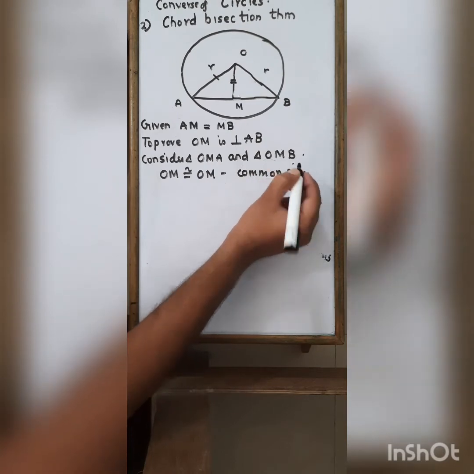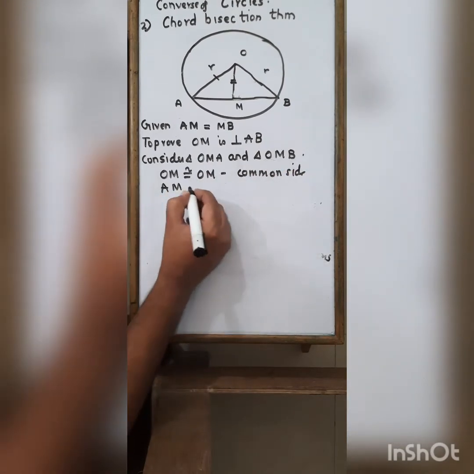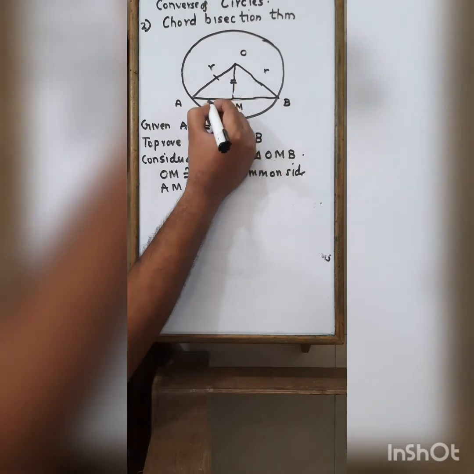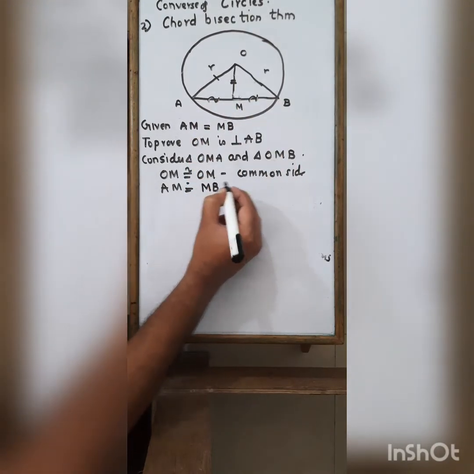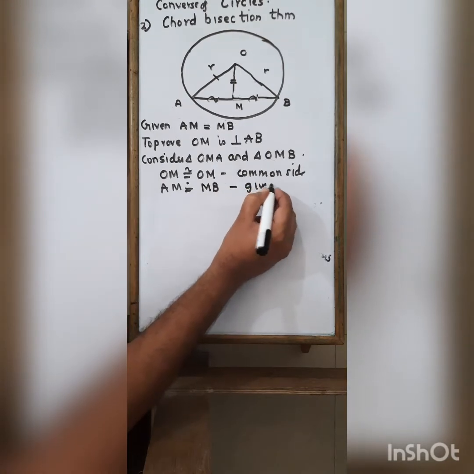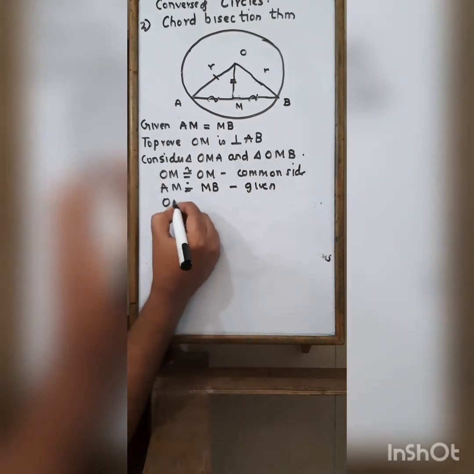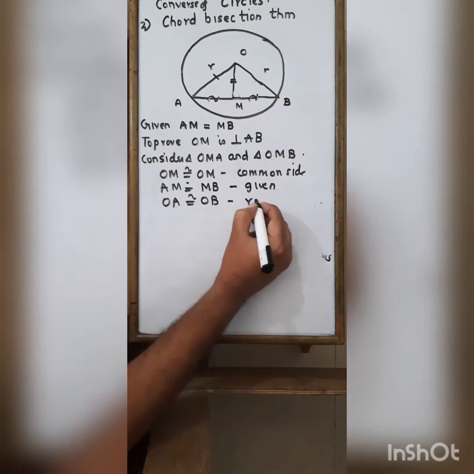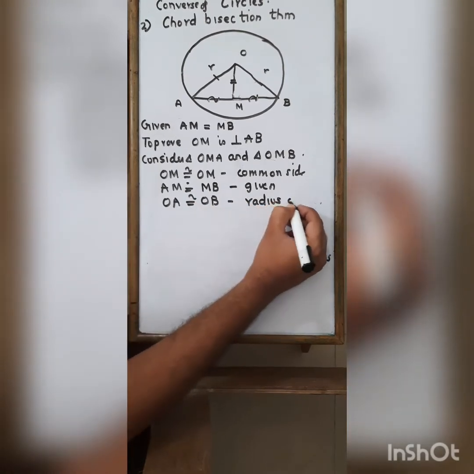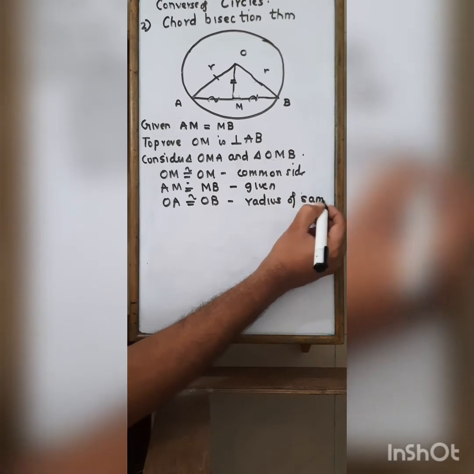Common side. AM is congruent to MB, it is given. And OA is congruent to OB, it is radius of same circle.